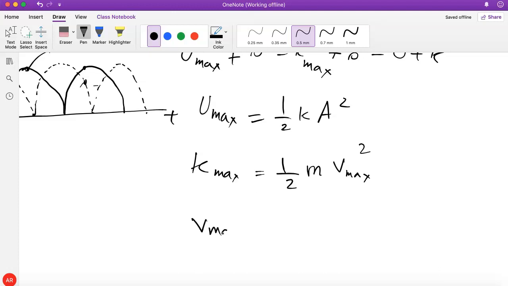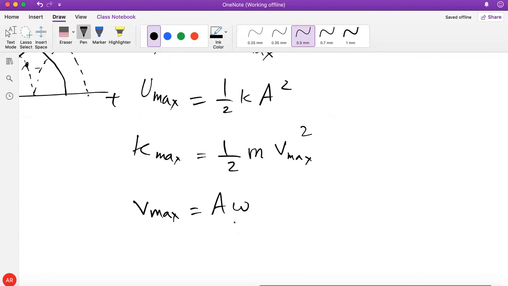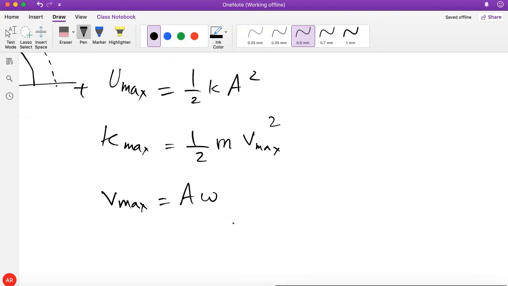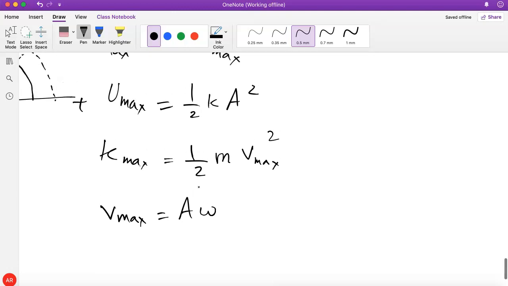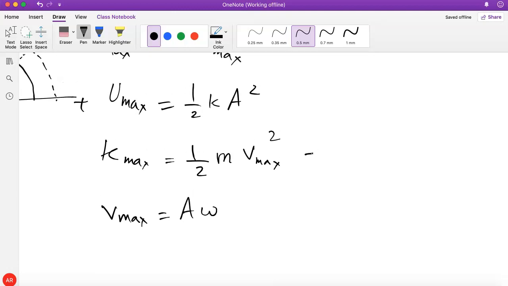And we had the maximum of v to be equal to A omega. So this is going to be 1/2 m omega squared A squared.